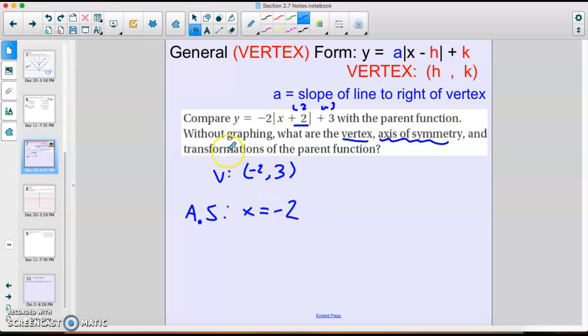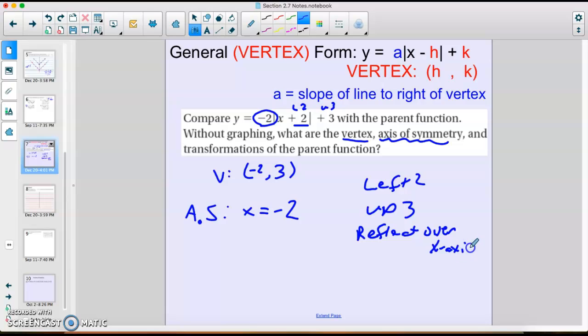Okay, and now let's describe the transformations. We already described a couple of them, so we're going to go left 2, up 3, and now we have this -2 hanging out here. First off, the negative means it's going to be reflected over the x-axis.